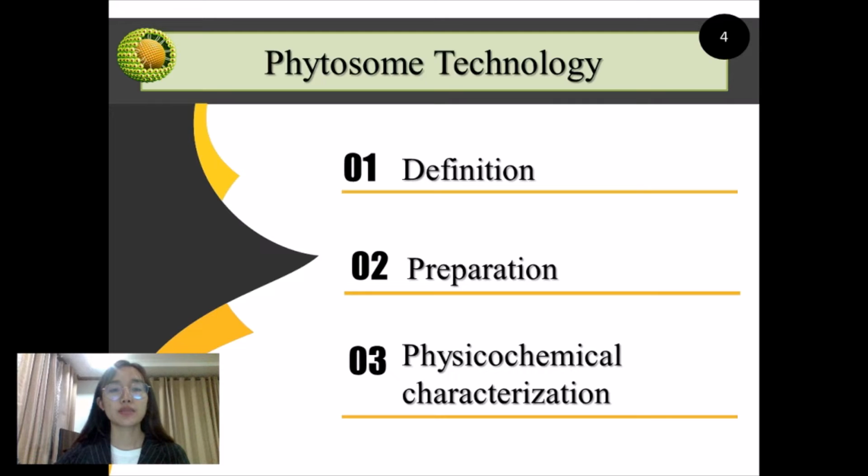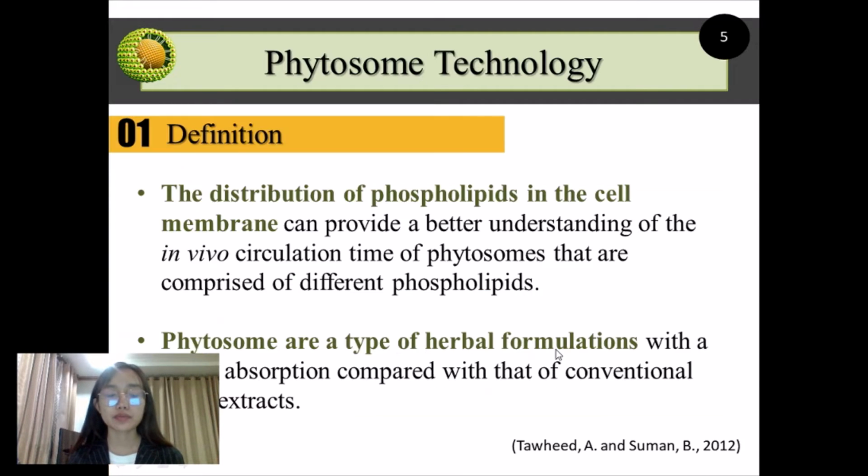Next, phytosome technology has three dimensions. I will talk about them: dimension 1, definition; 2, preparation; 3, physiochemical characterization. So, next, definition.